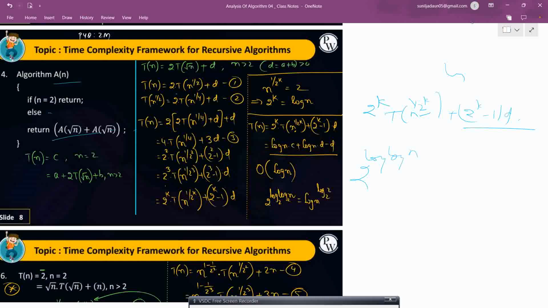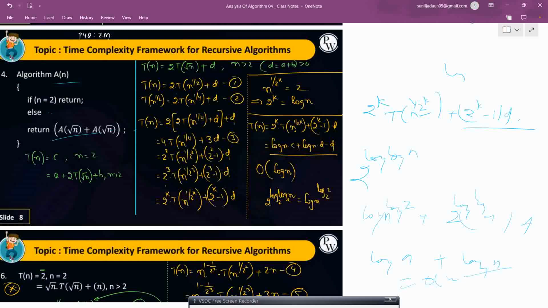So it will become log of log n, to the power log 2, right, plus to the power log n, so it will become log n only, plus it will also become log n only.